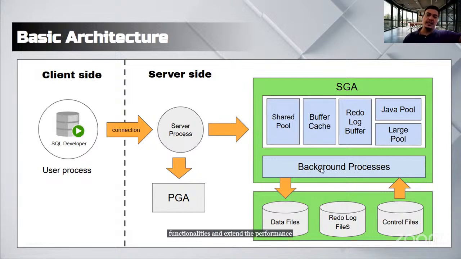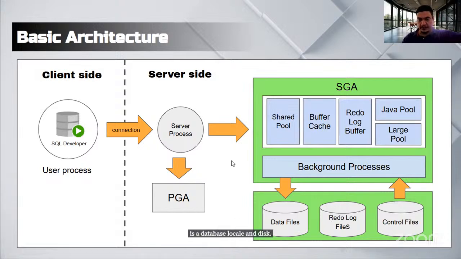And here I have background processes. During the database execution, these processes execute, managing the files and the memory of the database. The data files are the database location on the disk.